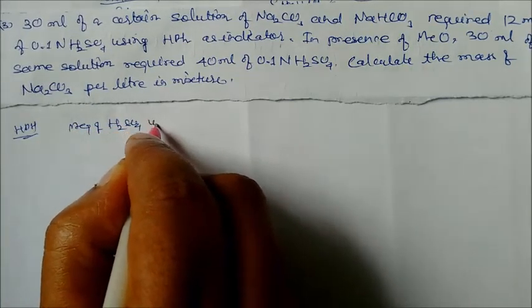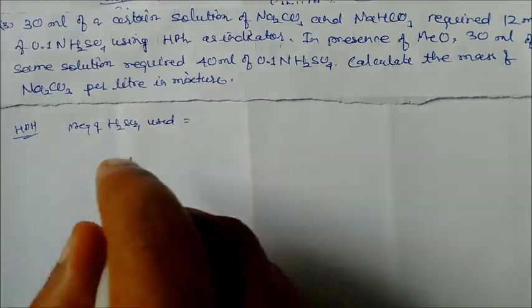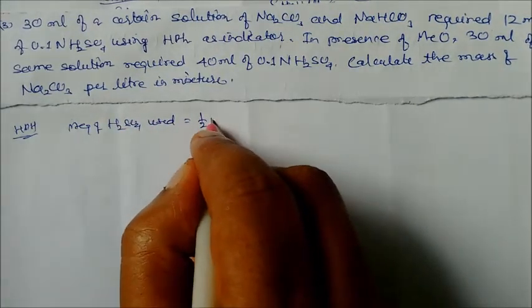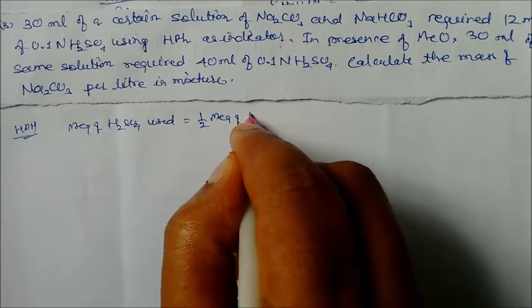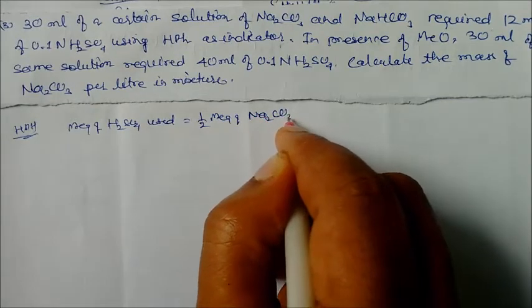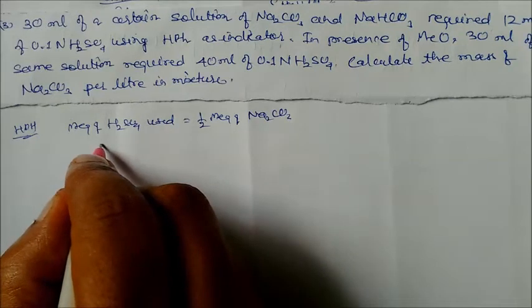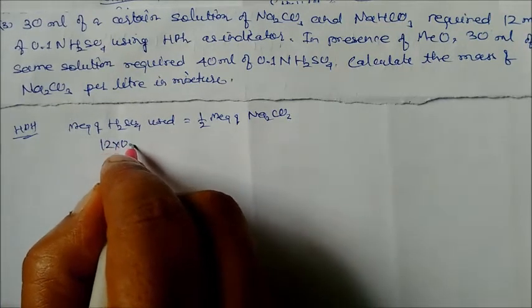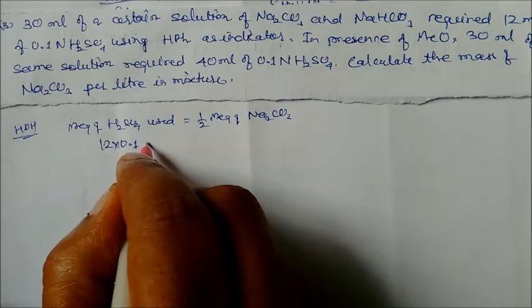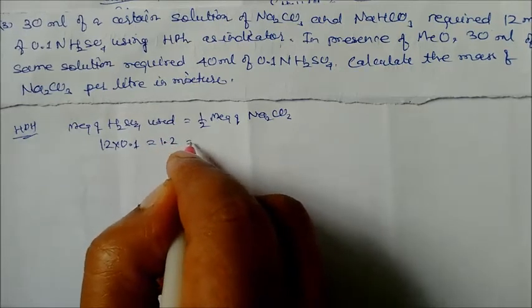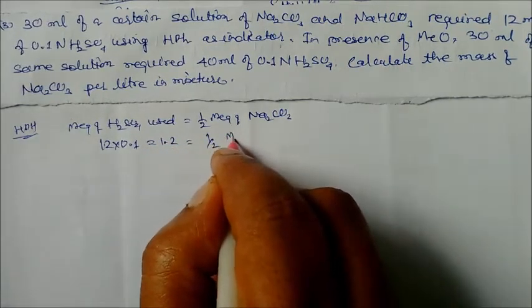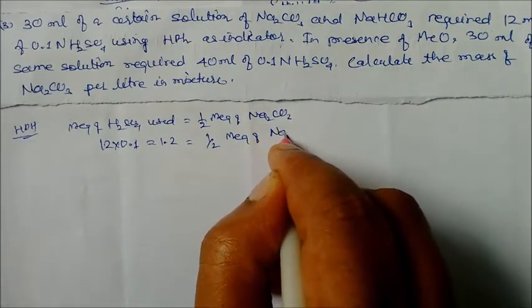So first, let's take phenolphthalein as an indicator. In this case, the milliequivalent of H2SO4 used is half the milliequivalent of sodium carbonate, because sodium carbonate is not neutralizing fully. So here the milliequivalent of acid is 12 into 0.1, it will become 1.2, and this is equal to 1 by 2 milliequivalent of sodium carbonate.